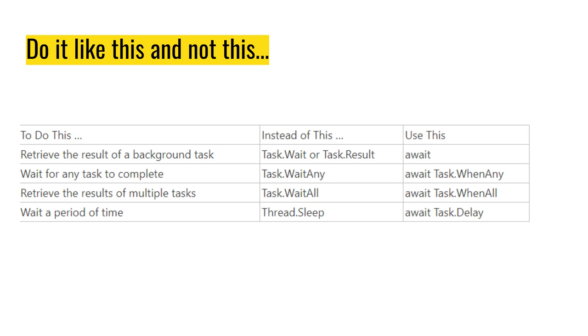If you need to wait for many tasks, when any, call WhenAny, not WaitAny. When you want to wait for all tasks, just say WhenAll and not WaitAll. And when you want to delay something, just do Task.Delay and not Thread.Sleep. All the stuff that's on the left deadlocks your application, and you don't want to waste your resources on deadlocking.